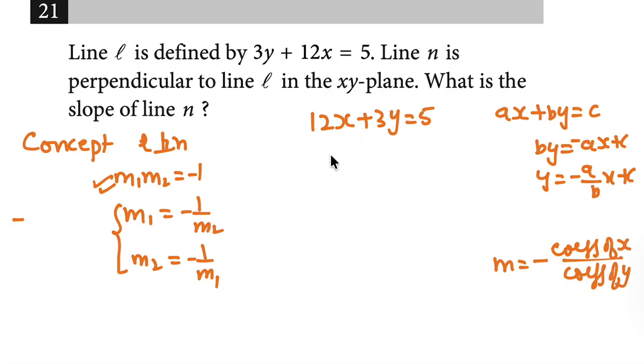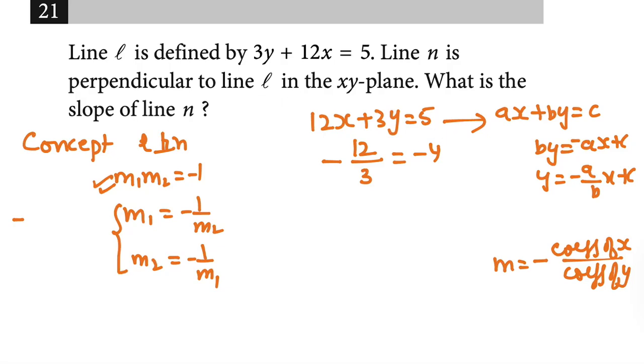So -4 is the slope of the given line. That is the shortcut way, the pattern way.